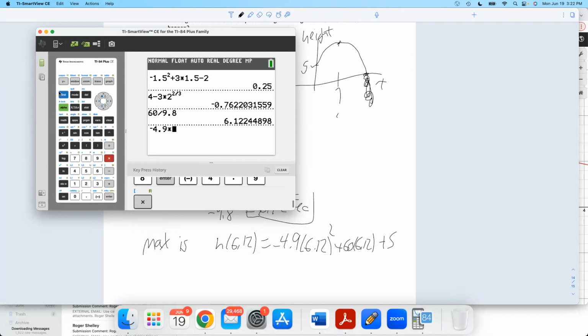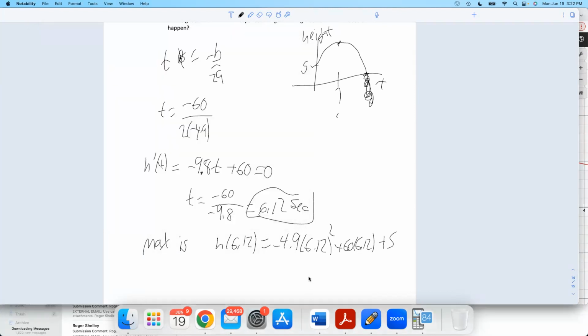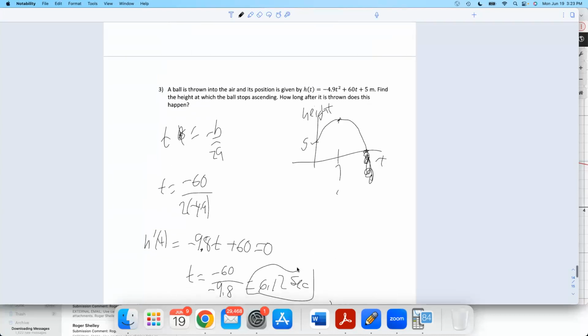I'm going to do second answer squared plus 60 times second answer plus 5. 188.67 meters.